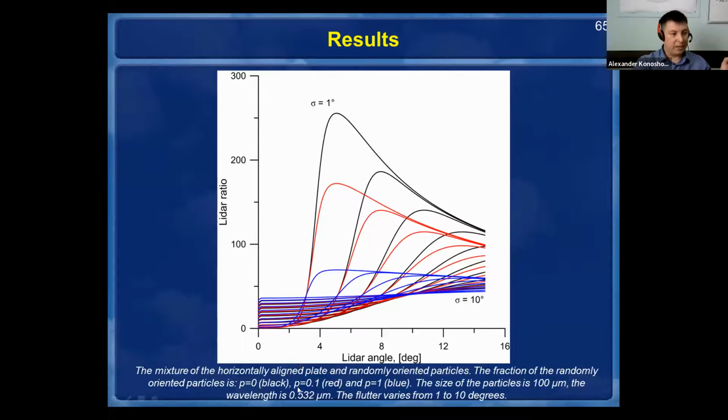Then we add 10% of randomly oriented particles and 50% of randomly oriented particles, and we see that the lidar ratio can evaluate the flutter of crystals even if there is a mixture, even if the cloud consists of 50% horizontally oriented particles and 50% randomly oriented particles.